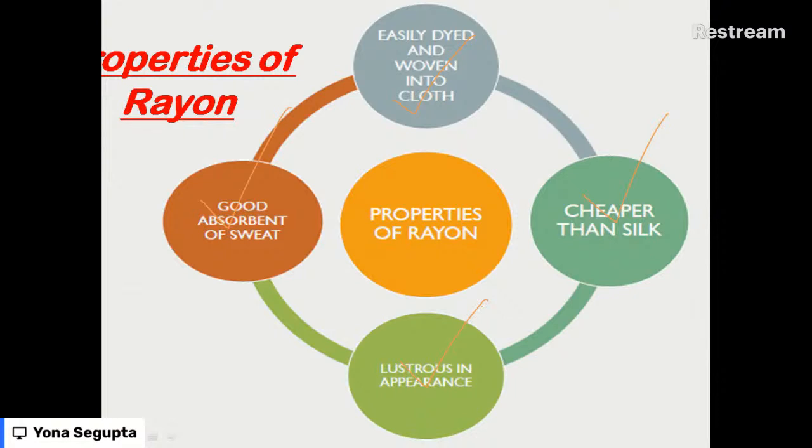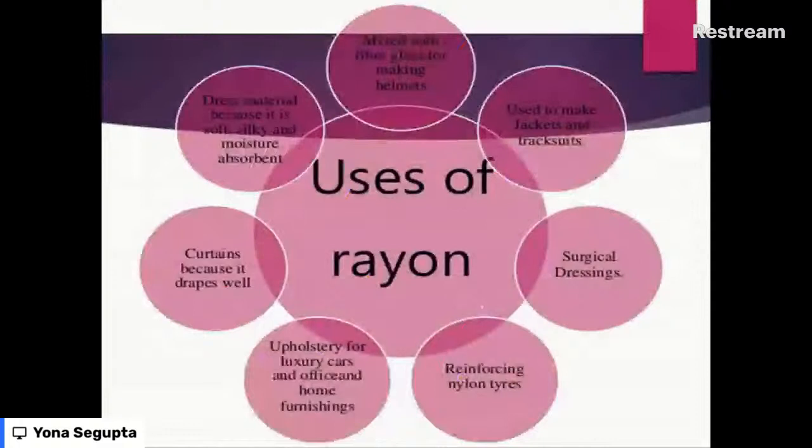Okay, so now let's move on to the uses of rayon. What are the uses of rayon? It is mixed with fiberglass to make helmets. Dress material, because it is very soft, silky, and moisture absorbent.